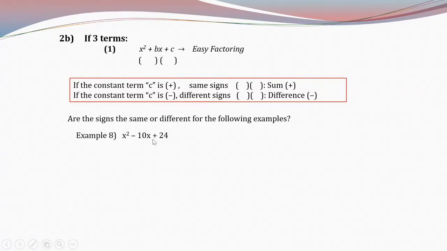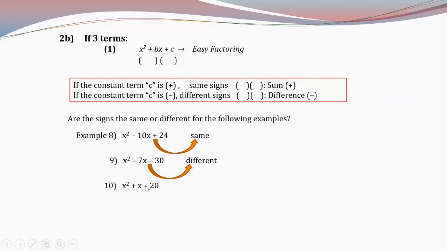If you have x squared minus 10x plus 24, we notice my constant term is positive. That means the signs are going to be the same. Like I tell my students, once you got the signs right, you're halfway there. Example number 9, we have x squared minus 7x minus 30. The constant term is negative, so the signs are going to be different.